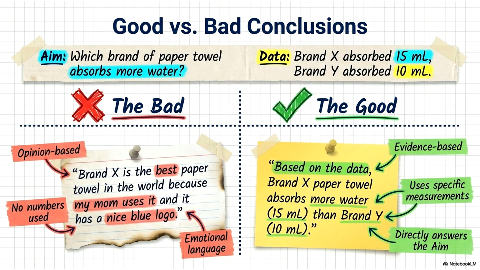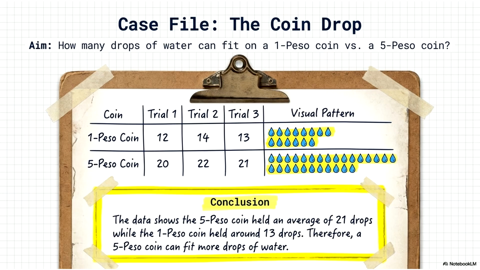A good conclusion uses facts and numbers. For example, based on the data, brand X absorbed 15 millimeters of water, while brand Y absorbed 10 millimeters. Good conclusions use evidence and answer the investigation question.